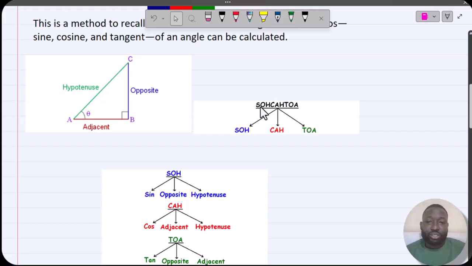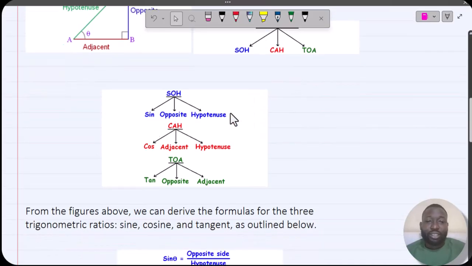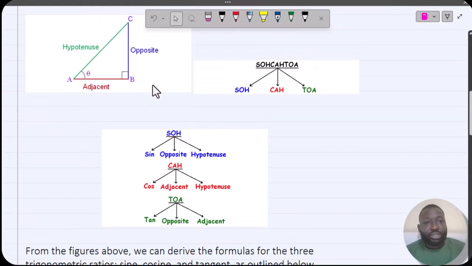So the Sokatwa we are talking about here, if you break them down, we have the So, we have the Ka, and then we have the Twa. The So here has its own meaning. It means sine, we are using the trig sine, and with the sine we are saying that it is opposite over the hypotenuse.